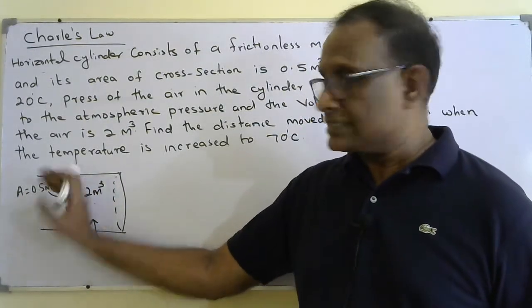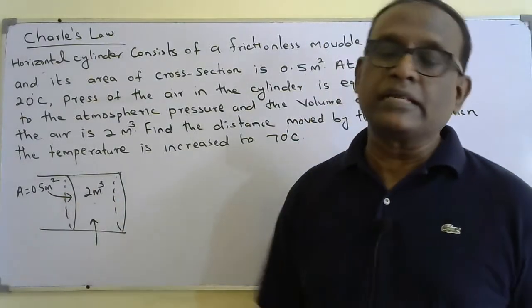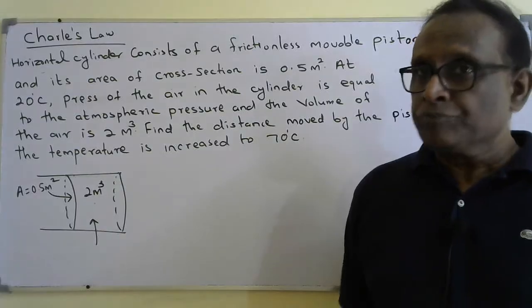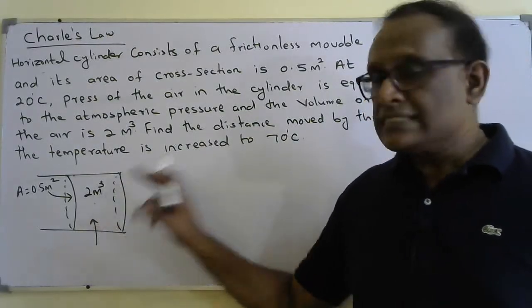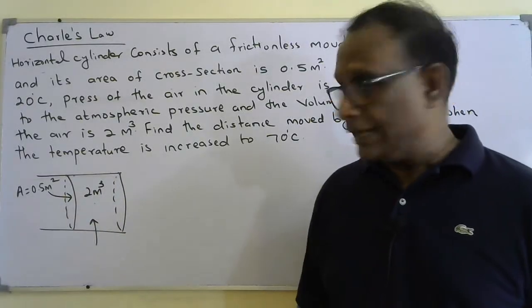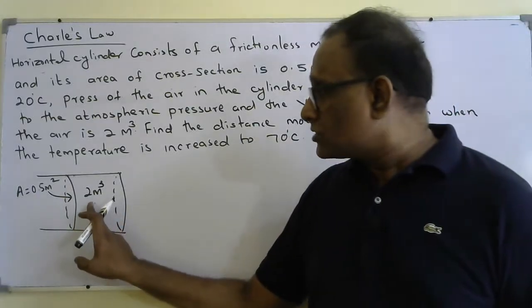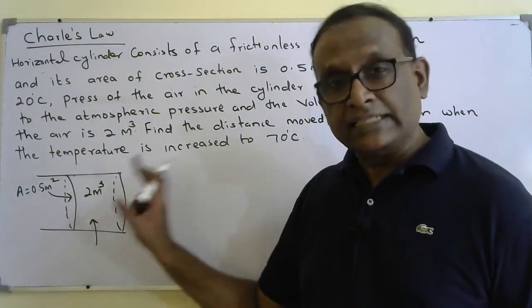When the volume increases, the pressure will decrease again until the pressure inside and outside becomes the same as atmospheric pressure. So finally, when the temperature is stable at 70 degrees Celsius, the pressure inside and outside is the same, but the volume has increased. The pressure remains constant and the mass of the air inside the cylinder remains constant.